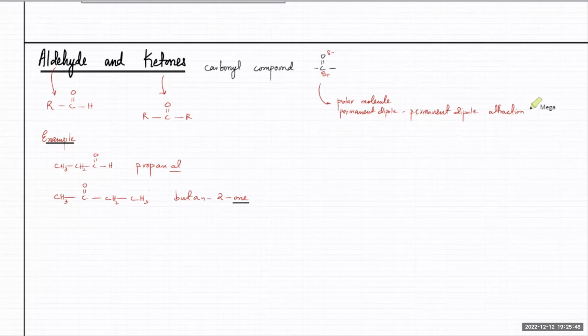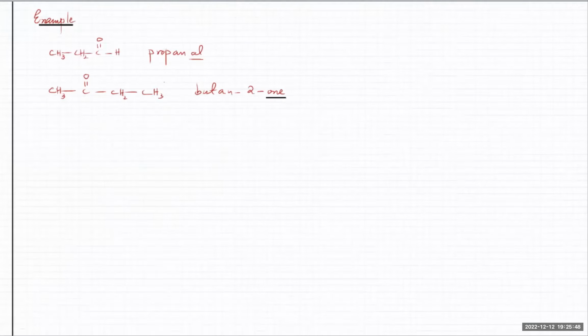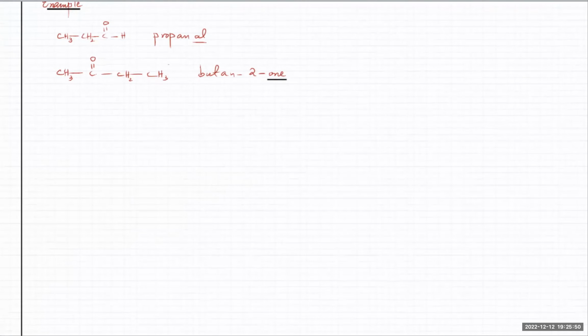Now, the first thing is we learn how to identify an aldehyde or a ketone. So, identification of carbonyl compounds.